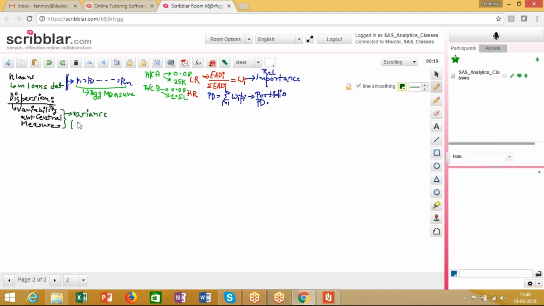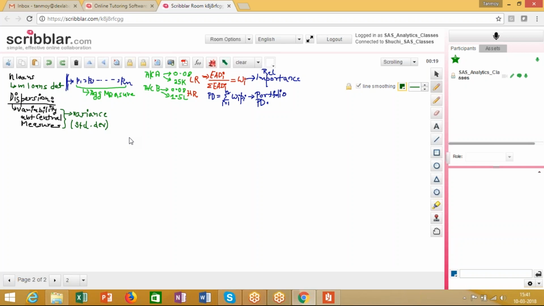Right, so this is variability about the central measure.